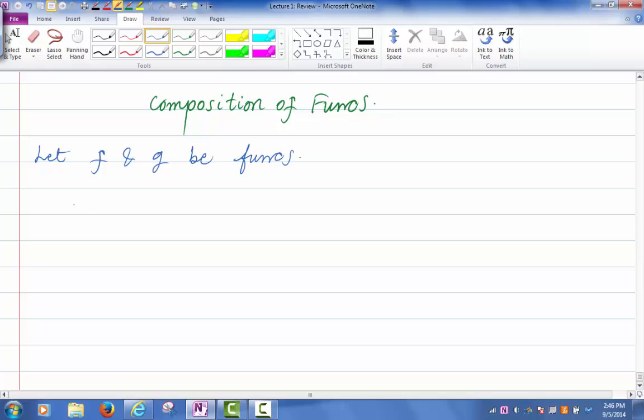And so what is the composition of the two? The composition of the two functions is denoted by f circle g.